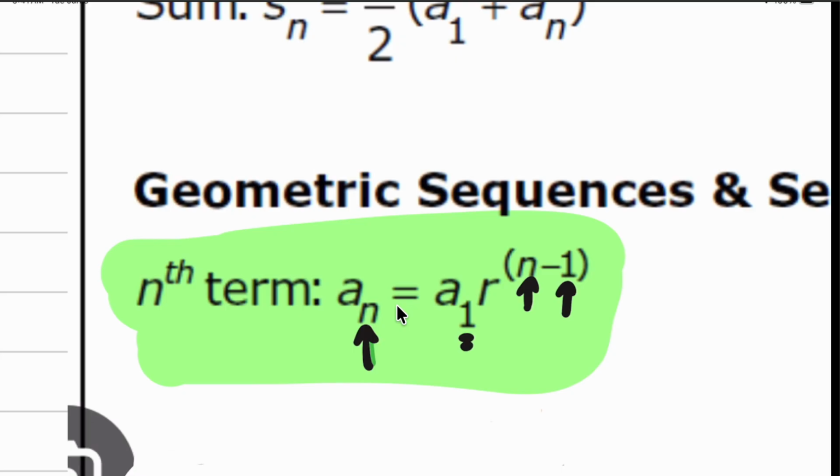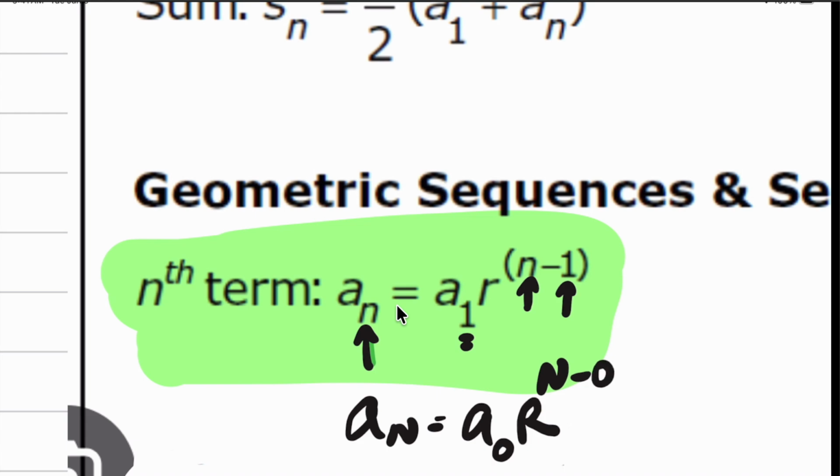You might see it like this: a sub n equals a sub 0 r to the n minus 0, or a sub 0 r to the n. So you've got to be very careful.